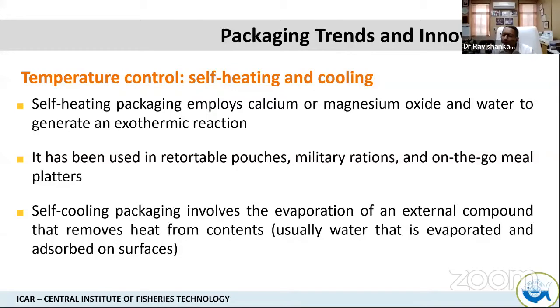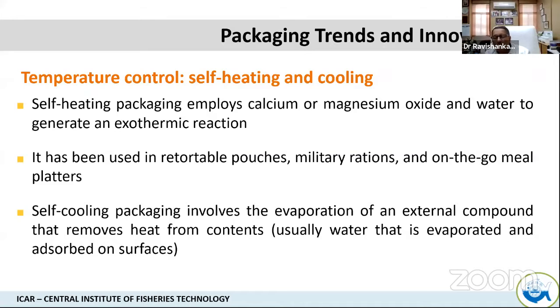Then, when I talk about ready to eat, ready to serve, shelf stable products, suppose a pouch is going to Leh Ladakh or Kashmir, where the temperature is very, very low. What happens? We need self-heating and self-cooling; these are the applications you need.